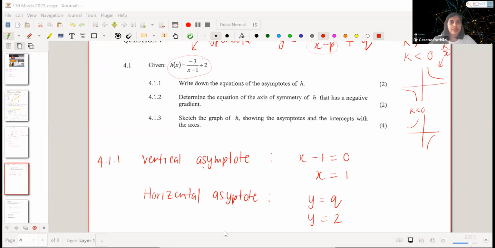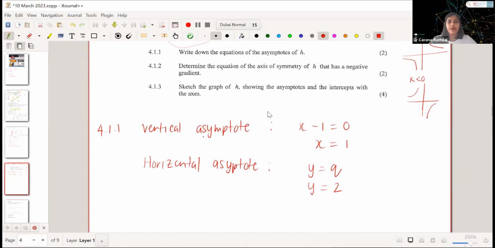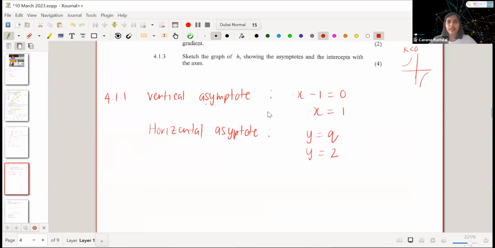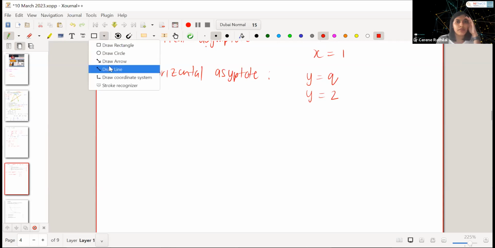Right, next part of the question. What are we required to do next? Now I want to determine the equation of the axis of symmetry that has a negative gradient. So let's get a better idea of what they actually mean, an axis of symmetry with a negative gradient. Let's draw something.